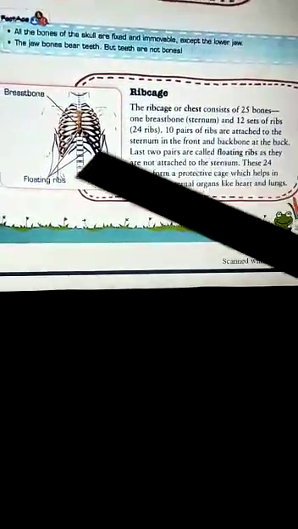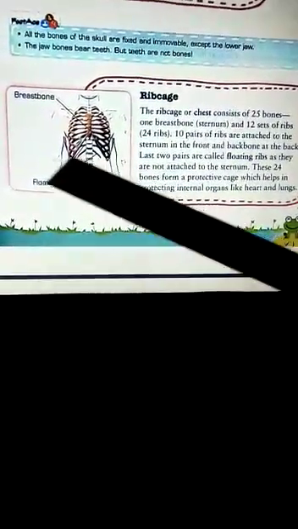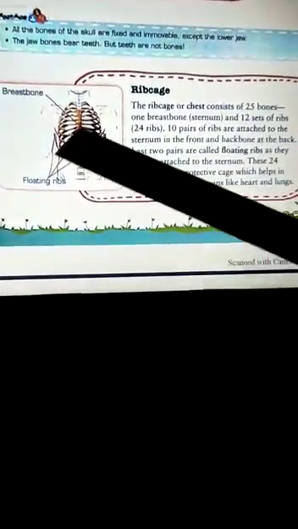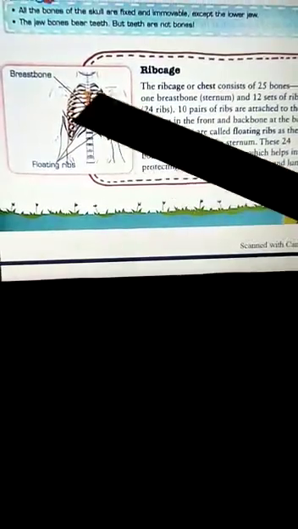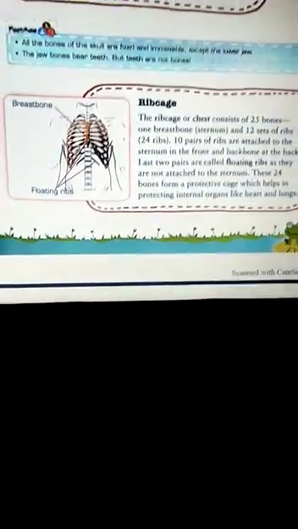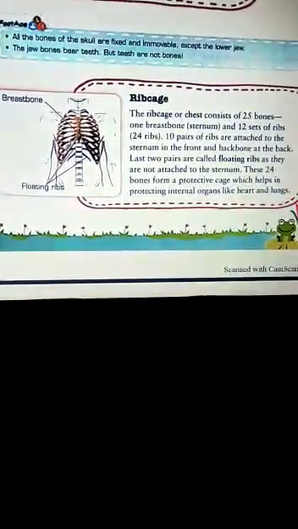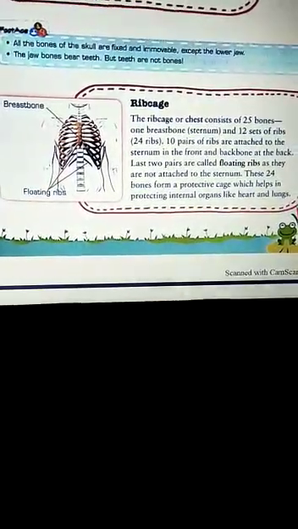The last two pairs are called floating ribs. Children, you can see these are attached neither to the front part nor the back part. So these are called floating ribs and they are not attached to the sternum. So these 24 bones form a protective cage. We have talked in my earlier class that bones always protect the soft organs.